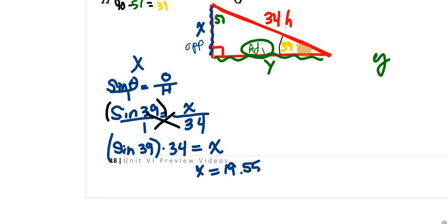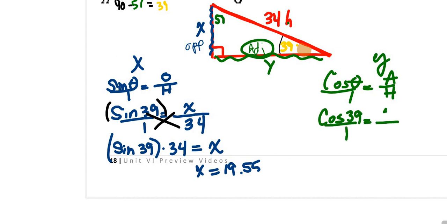Y, I'm dealing with adjacent and hypo, so that's cosine. Cosine 39. Cross multiply.